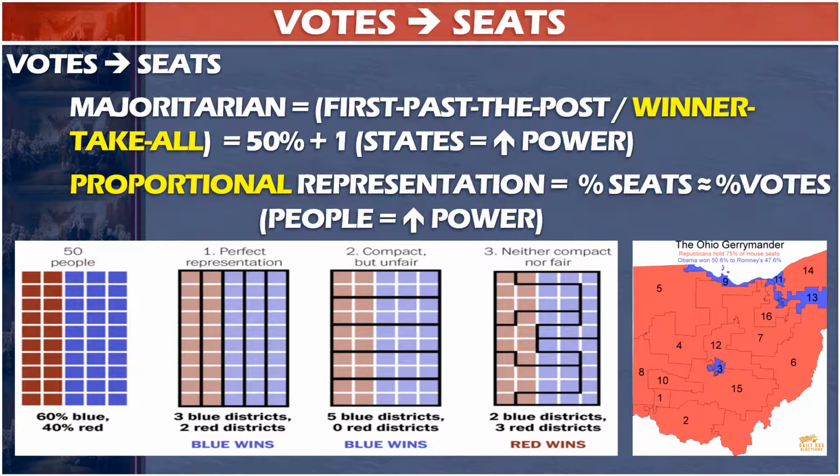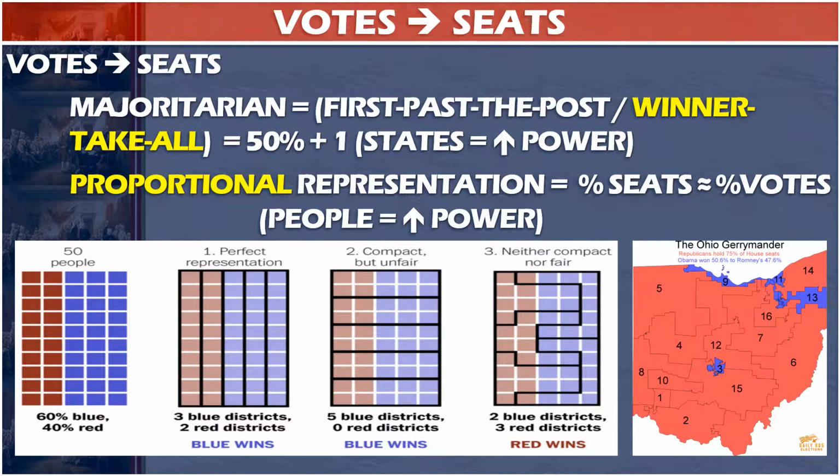However, you could divide this into 5 districts that are compact but unfair by dividing it differently, where you have 5 districts where the vote is 3-2, or 60-40, in each of those districts favoring the blue party, resulting in 5 blue districts and no red districts. So the 40% who are red have no representation under this.